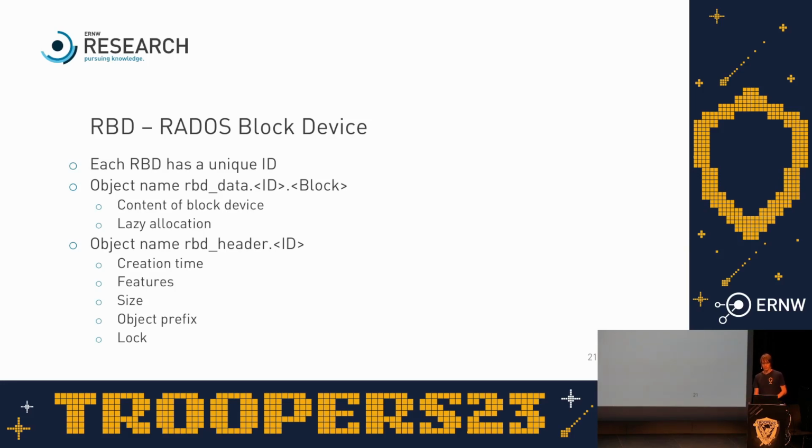And then when you read the data from an OSD, you can look for all the RBD data objects followed by a certain ID. And you can order these objects by the block ID and reconstruct the data from the RBD. But of course, only the part that is stored on your OSD that you have available for analysis. Important is also that it's lazily allocated. That means if you create the RBD and you don't touch it, there will be no object, even if the RBD in theory is 100 gigabytes in size.